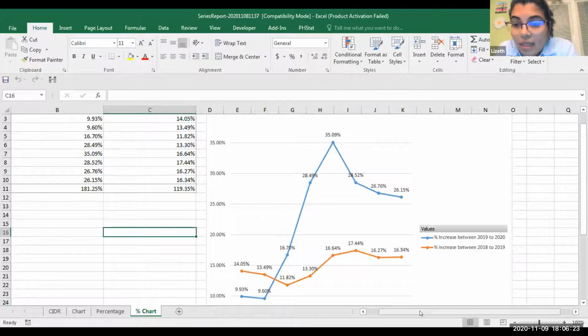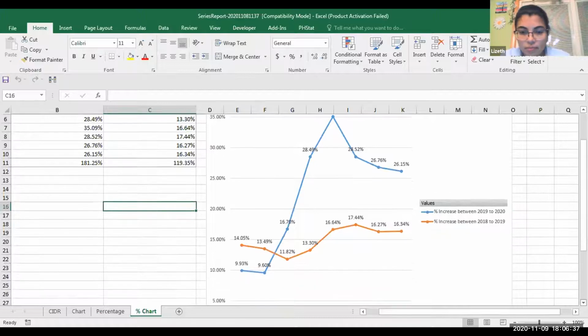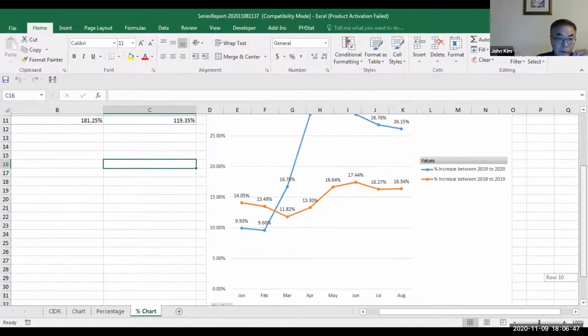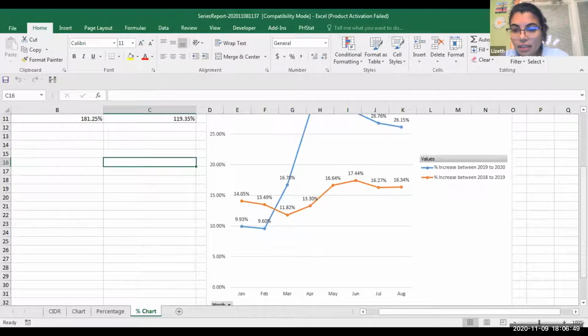I can have more, but of course, for 2020 it is the same month, from 2019 to 2020, and then 2018 to 2019. Both months, at the same time, from January to August. And you selected until August because 2020 only has data until August. That's why I selected from 2019 until August.